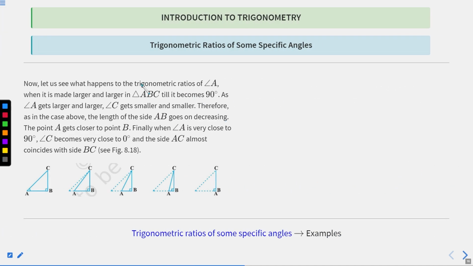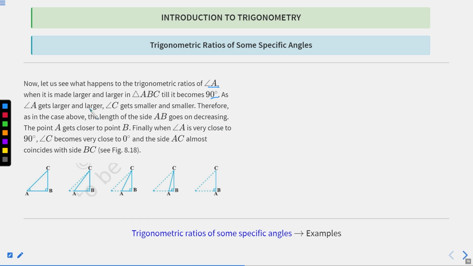So now let us see what happens to the trigonometric ratios of angle A when it is made larger and larger in triangle ABC till it becomes 90 degrees. As angle A gets larger and larger, angle C gets smaller and smaller.